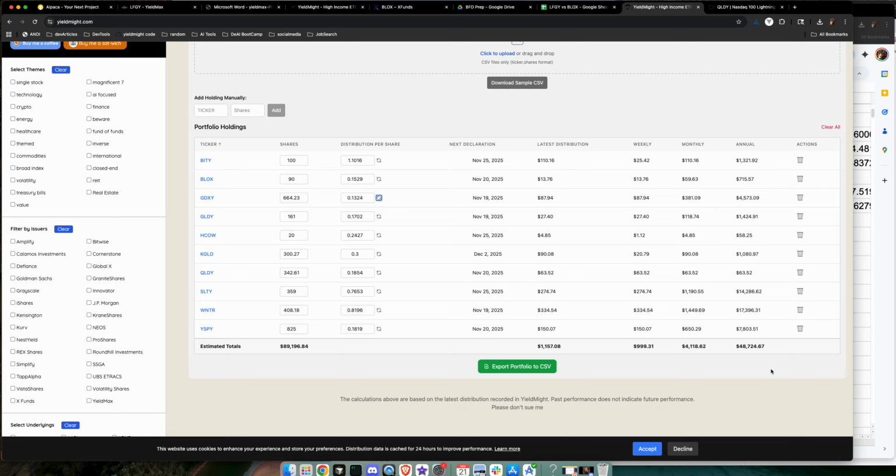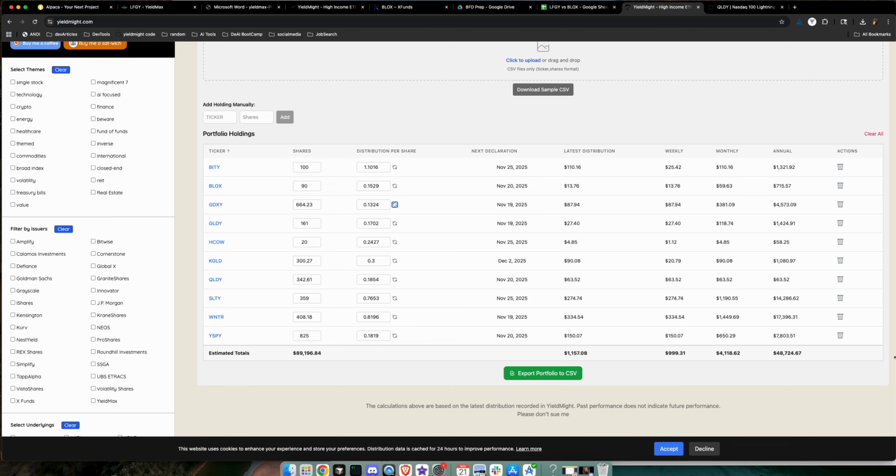That way, if you don't want to input this information manually on every device that you check YieldMight on, then it would be consistent across devices.